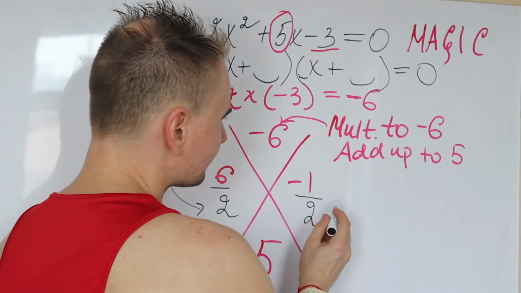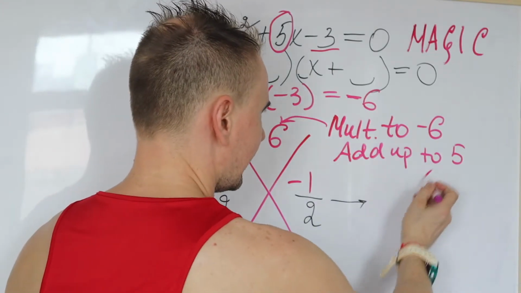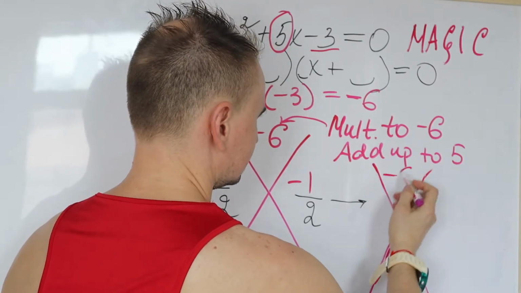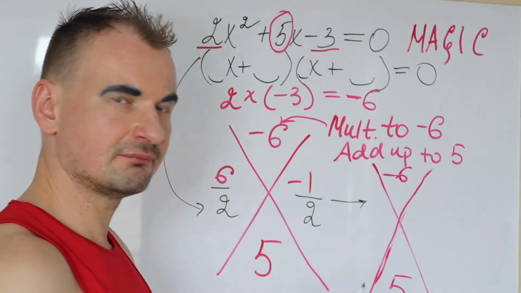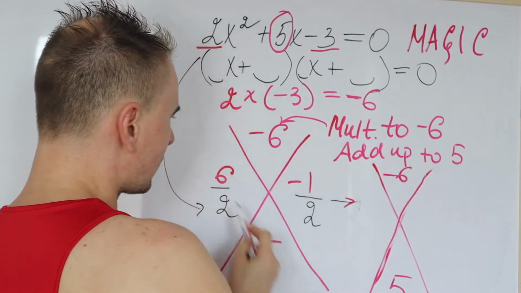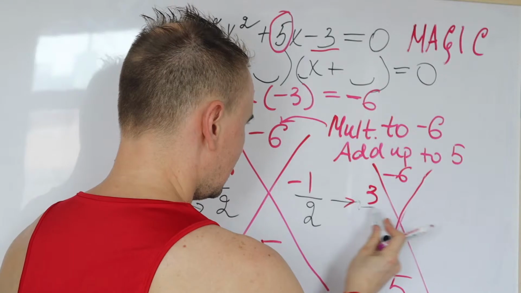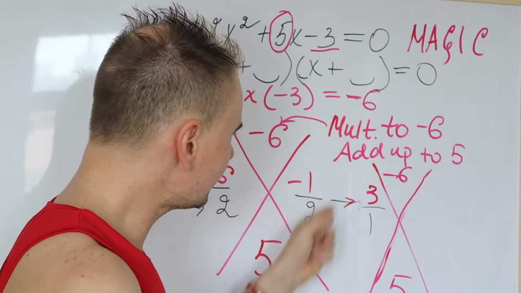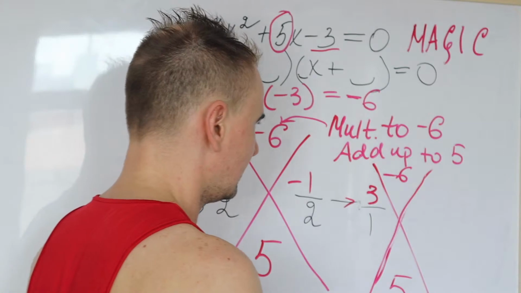Now, you can simplify your magic x. 2 goes into 6 three times, leaving you 1. I'm going to keep this one on the bottom. So this fraction is already in its simplest form. I'm going to just rewrite it as is.